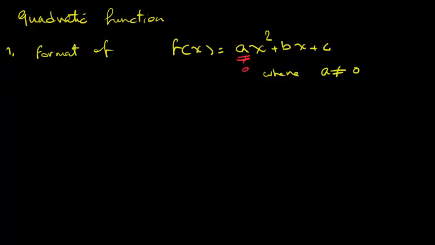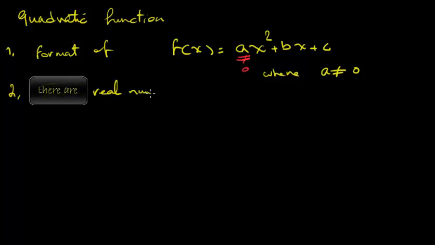So the second characteristic of the quadratic function is that it is a function where for each x there are real numbers. What does that mean?